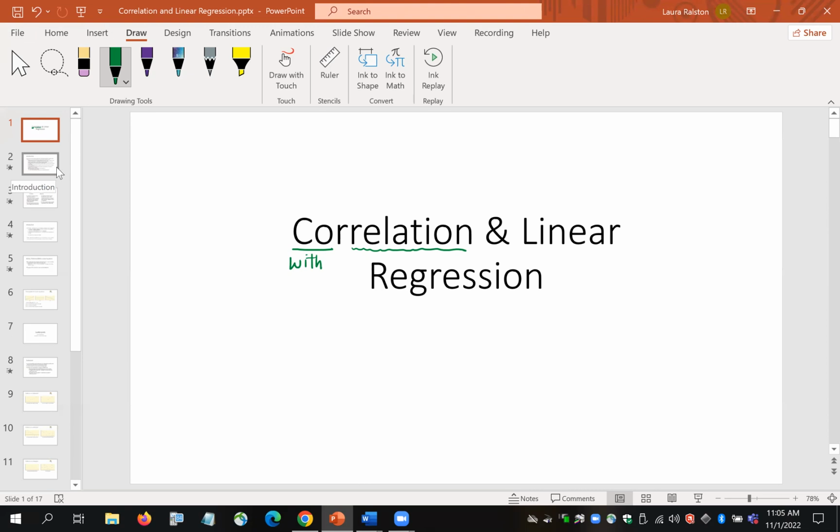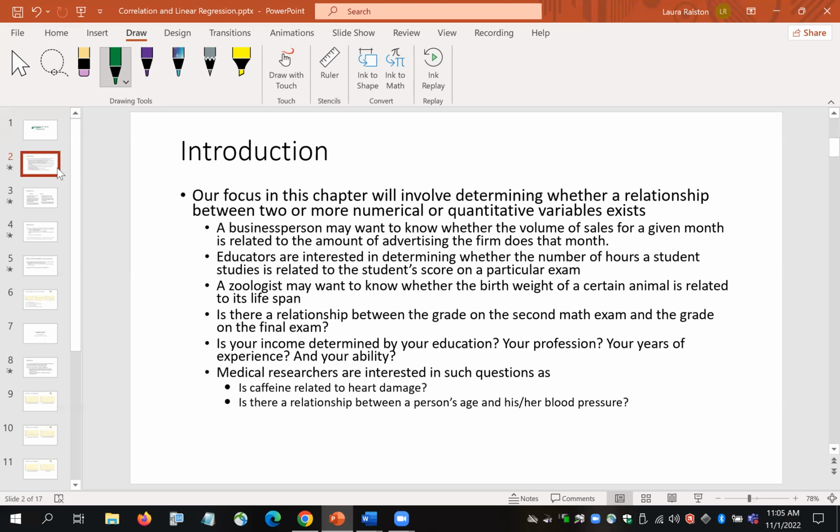Now, for our purposes, we are only going to look at 2. Most times researchers will look at maybe 4, 5, 10, 15 different variables at the same time and collect the data.